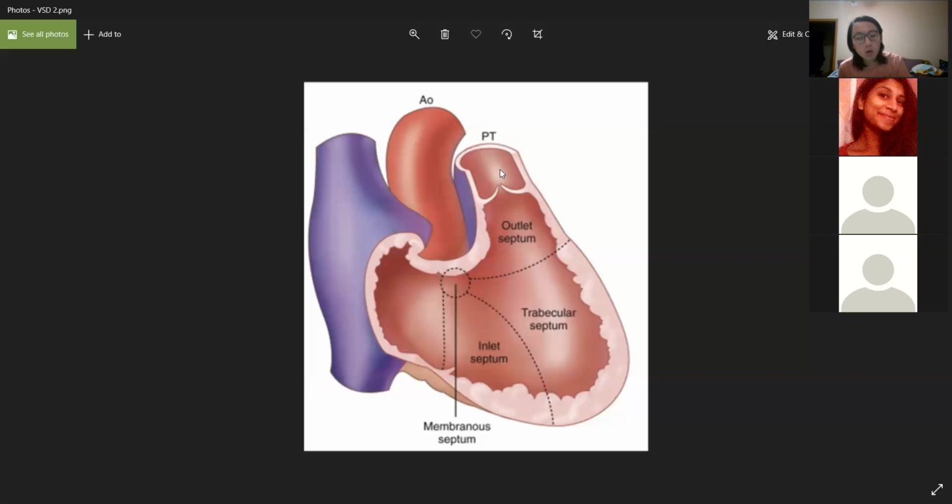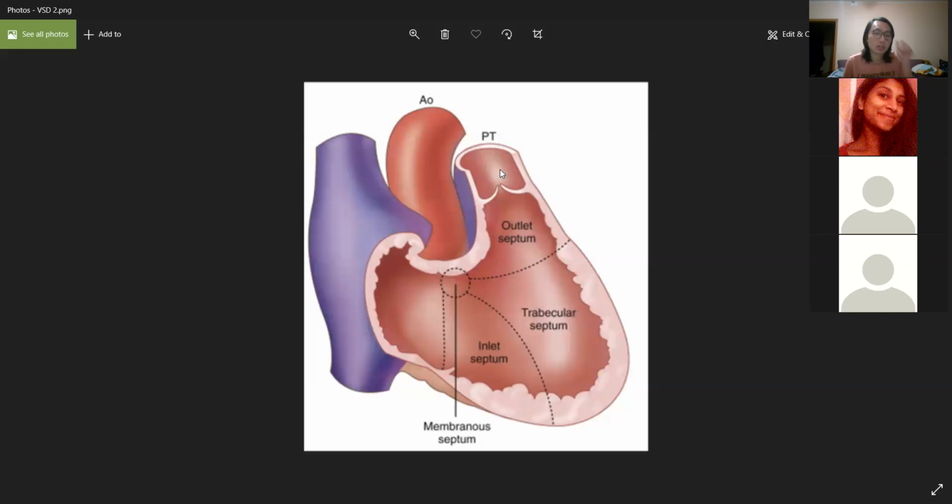Again, I want to point out that the defects, the holes, can be small, can be big, can be moderately big. I've searched high and low for what is small, what is moderate, what is big. I cannot find such criteria, like 1 centimeter is considered big, 1 mm is considered small.